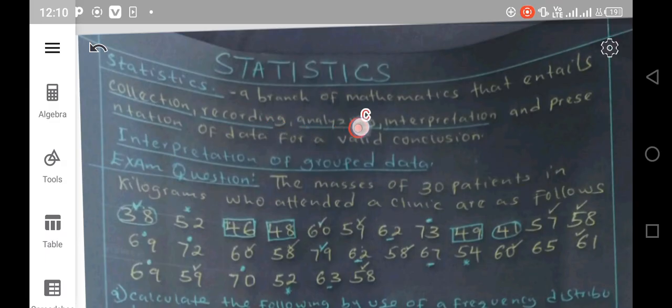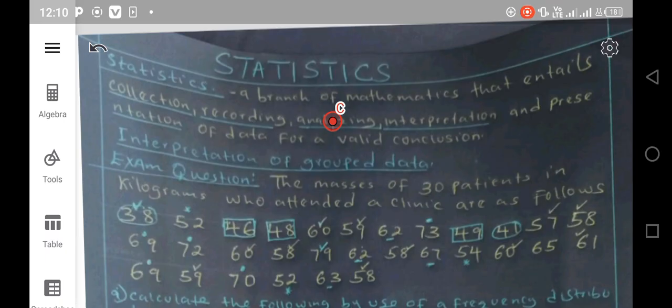We can have analyzing whereby we have measures of central tendencies, where we can have mean, median, and we can have also what we call mode. So those are the measures of central tendencies.